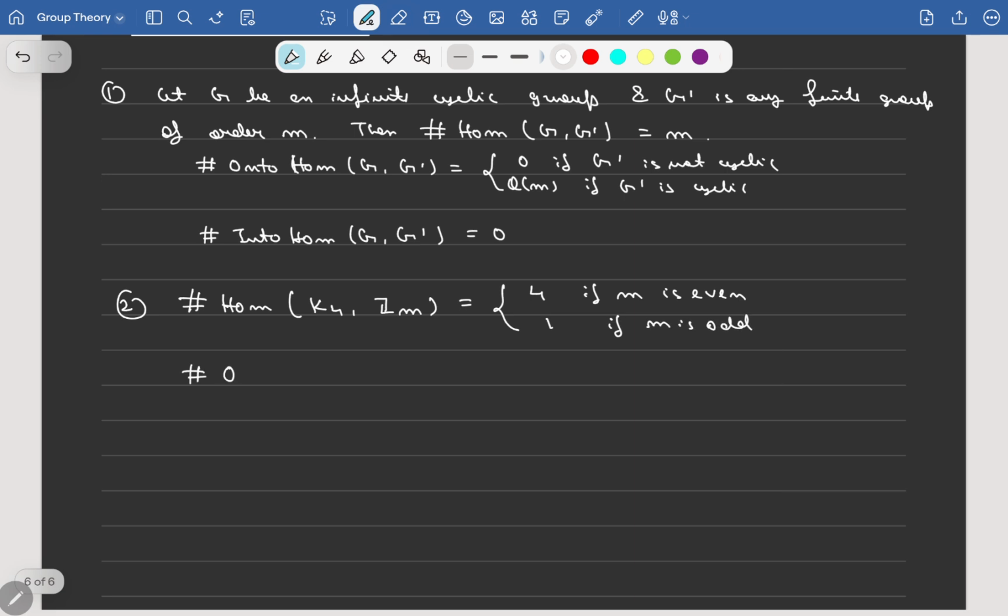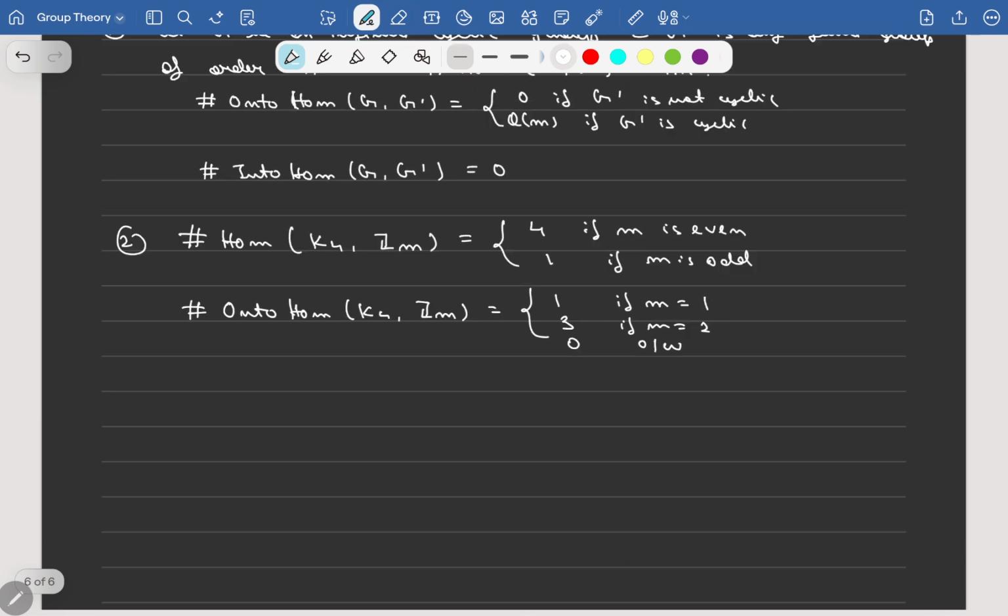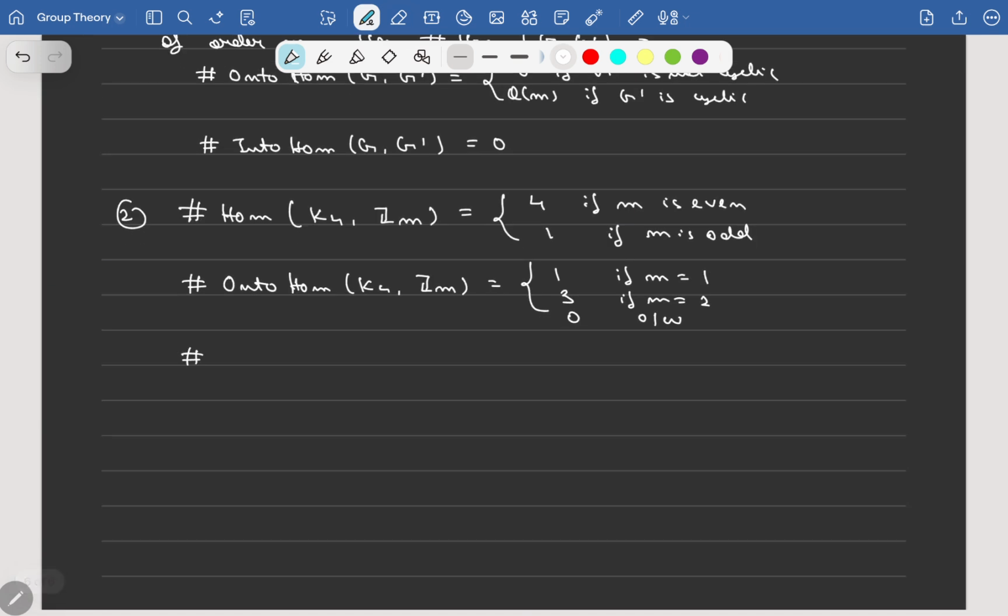And then the number of onto homomorphisms from K4 to Zm comes out to be 1 if m equals 1, 3 if m equals 2, and 0 otherwise. And there exists no injective homomorphism from K4 to Zm.